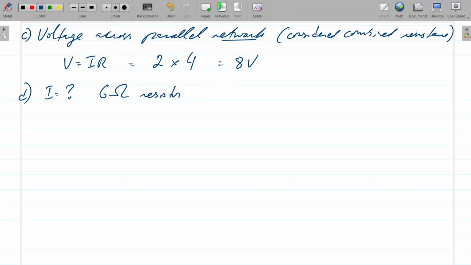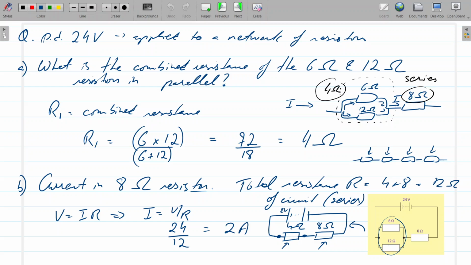For this case, we know V equals IR, and so I equals V over R. We also know that because we're talking about this resistor in the parallel circuit, the current is going to split. So the total current is 2 amperes, but the 6 ohm resistor is not getting 2 amperes out of this. It's only getting part of it. So what part is it getting?